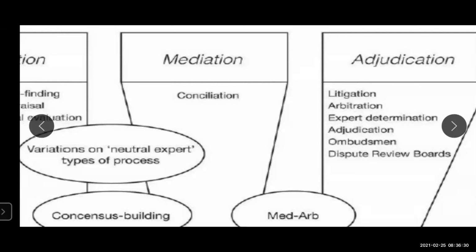It has a procedure and it is recognized by the law of the land. So once you have an arbitration clause in your contract, the decision of the arbitrator is binding. And of course, the litigation.